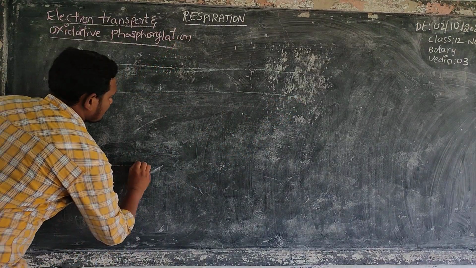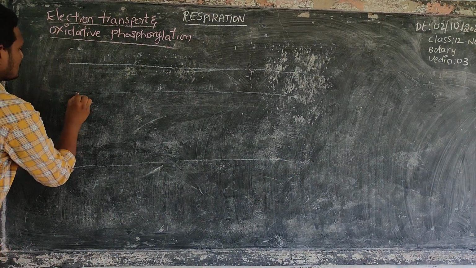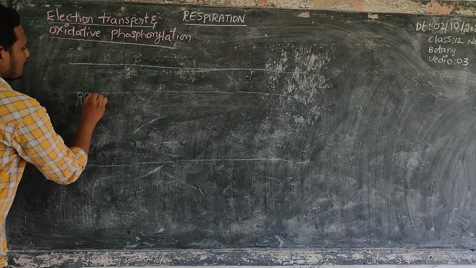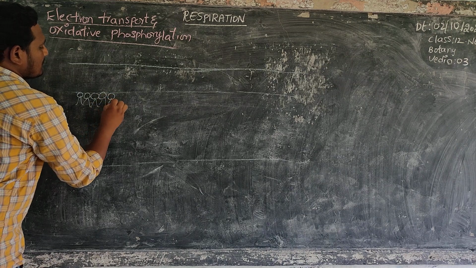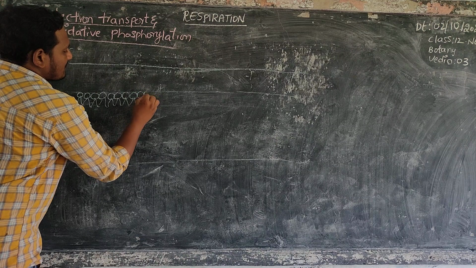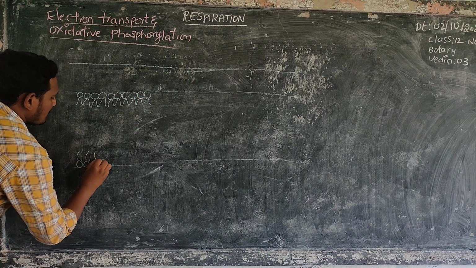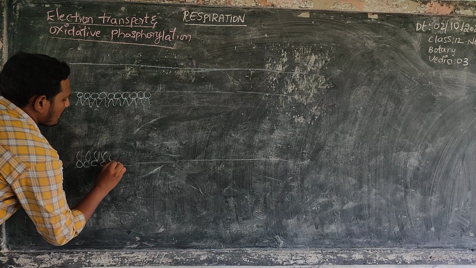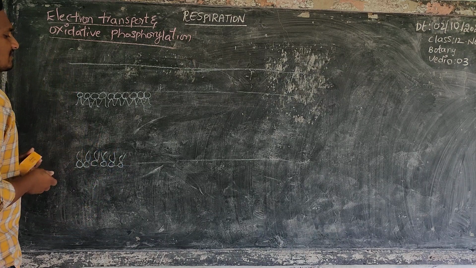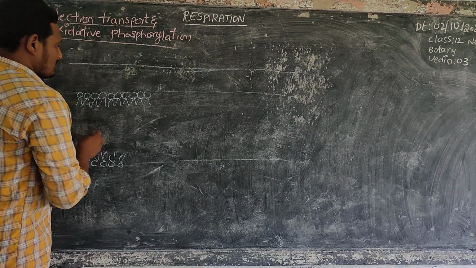The outer and inner membranes are mainly made up of a bi-phospholipid layer. It means the inner membrane of the mitochondria is made up of phospholipids, and 4 systems are present here.